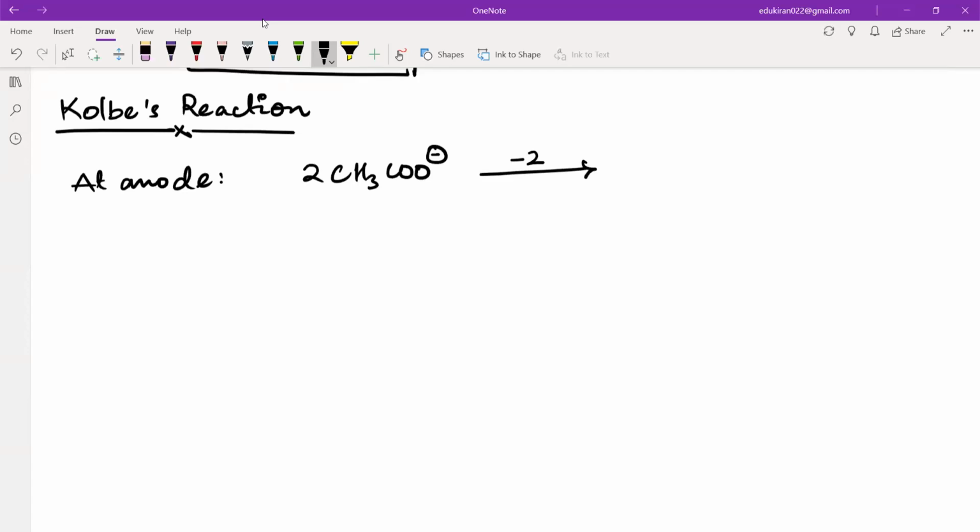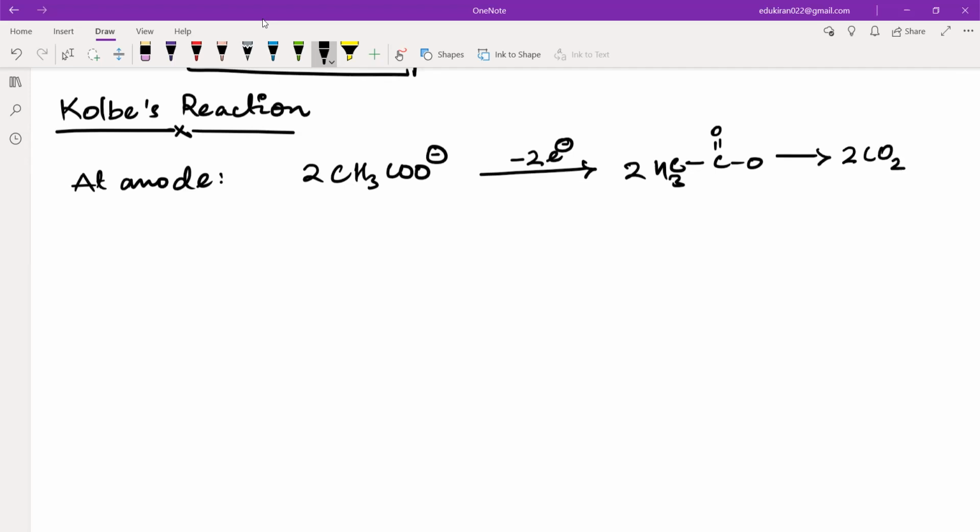So 2 electrons, 1 electron from each CH3COO negative, will be liberated, and you will get 2 CH3COO neutral. Now this COO neutral is going to be very unstable, and as you can see, you are ready to form carbon dioxide. With a little bit of heat, you are going to form carbon dioxide.